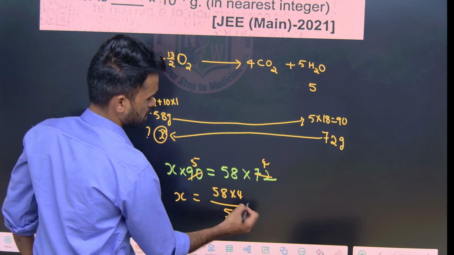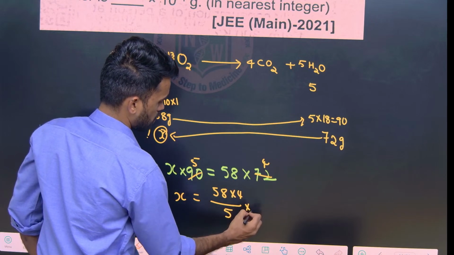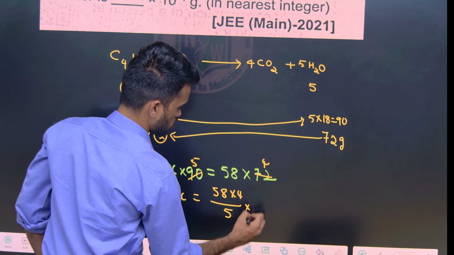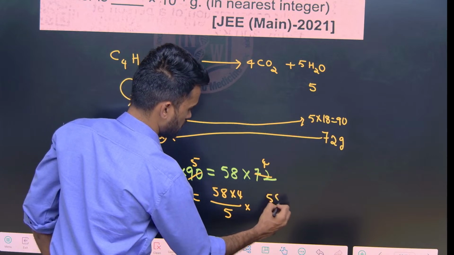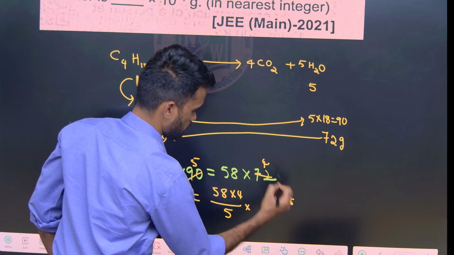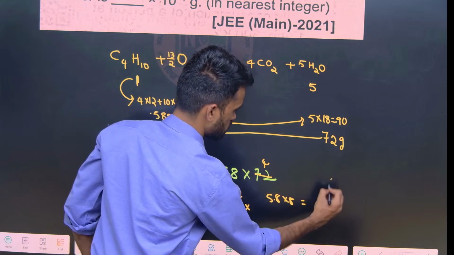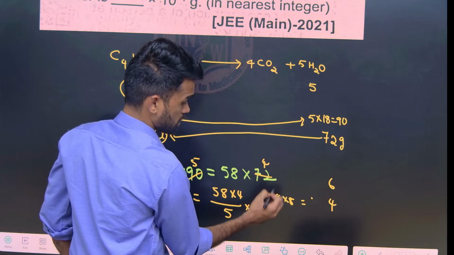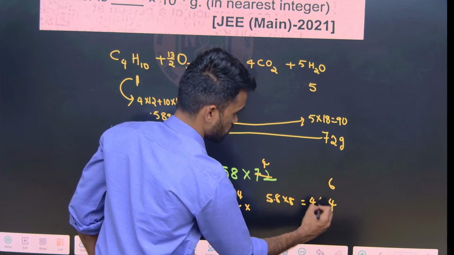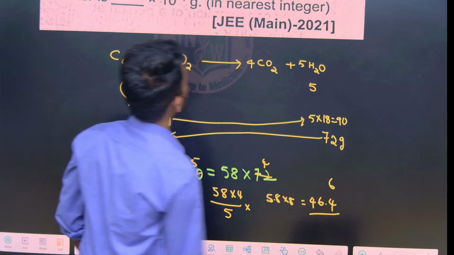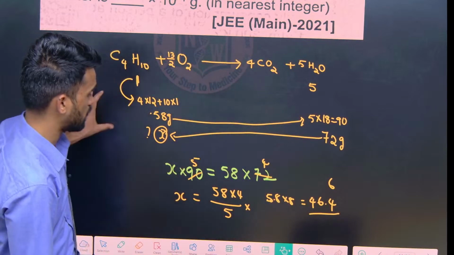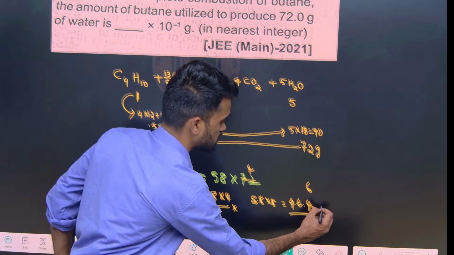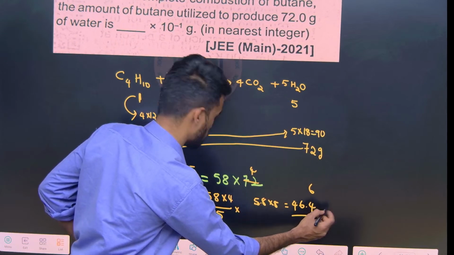Just simply take it as 2 and 2, so it becomes 58 into 8 by 10, so 5.8 into 8, which is 46.4. 40 plus 6 is 46, with one decimal, 46.4 grams. How many grams of butane are used here? 46.4 grams of butane is used.